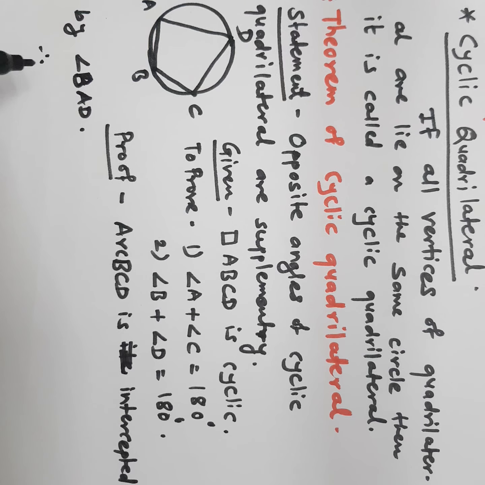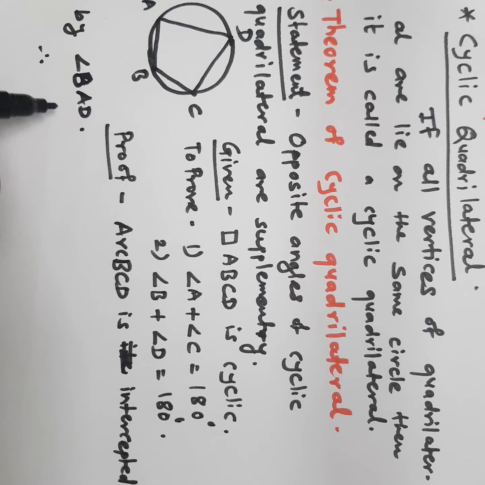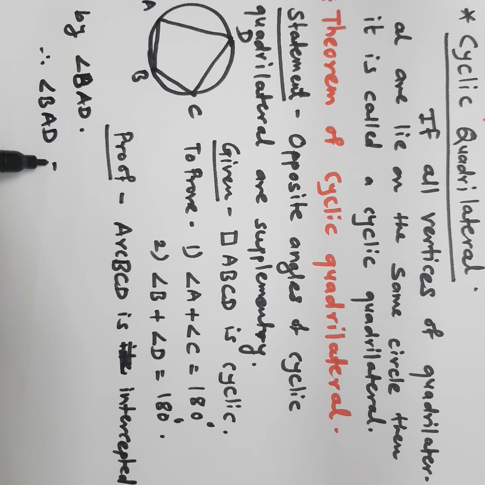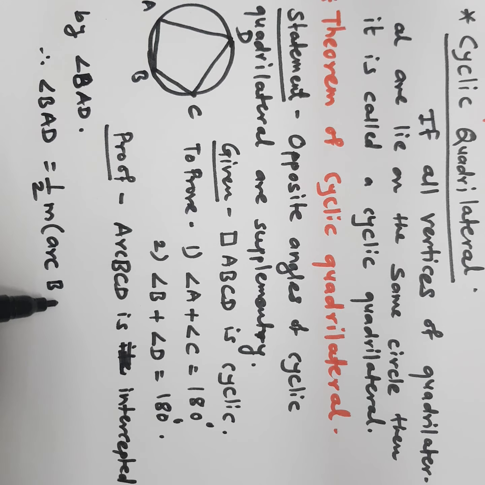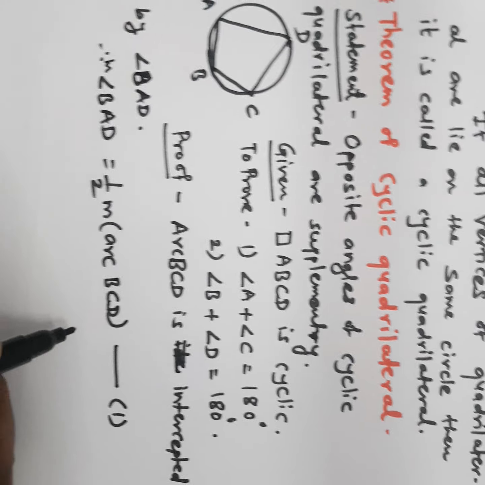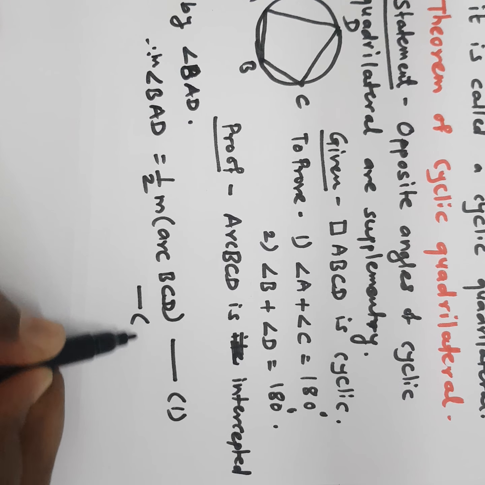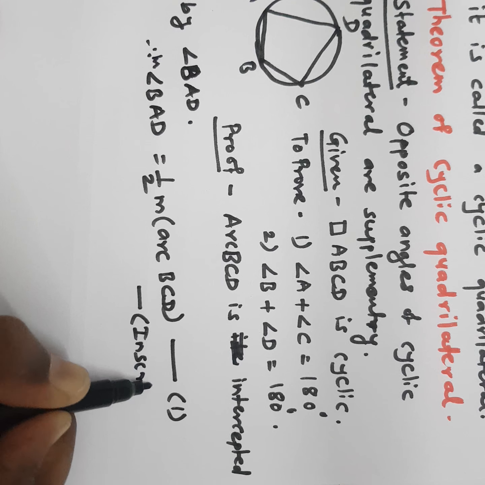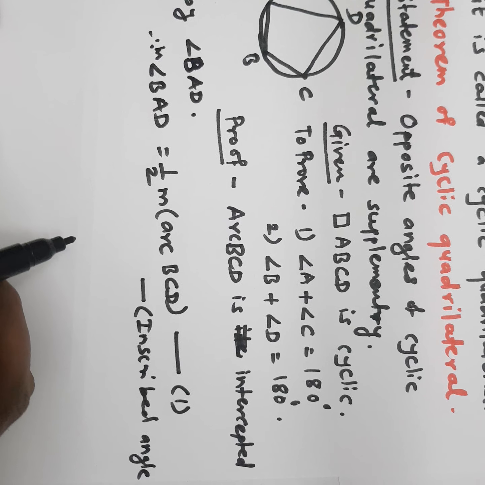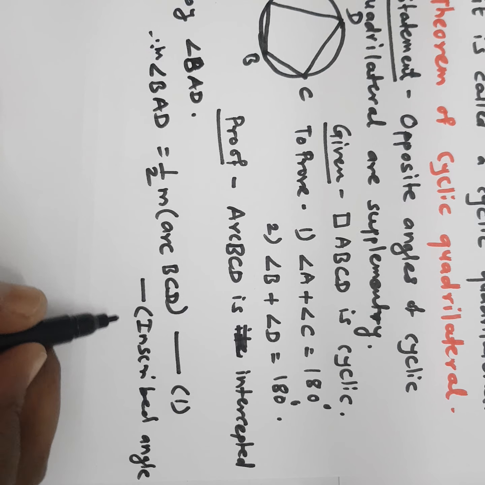Therefore, the measure of angle BAD is equal to 1/2 the measure of arc BCD. We will give this equation number 1. It is the inscribed angle theorem, which means the proof also depends on the inscribed angle theorem.